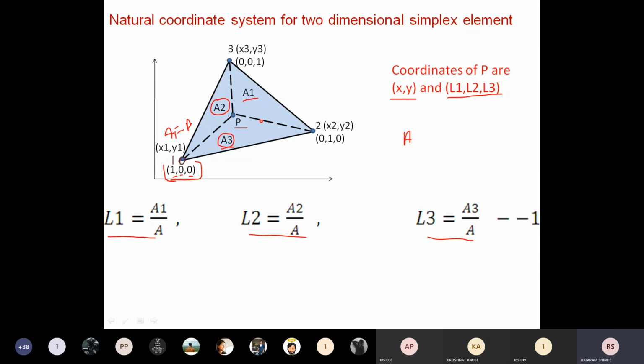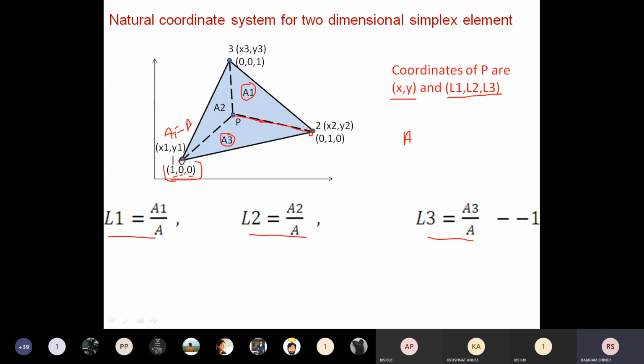Now next one, when we move P point to the node number 2, this A1 becomes 0 here. This A1 becomes 0 at node number 2. Also A3 becomes 0. Okay, and this P point is shifted to this location.